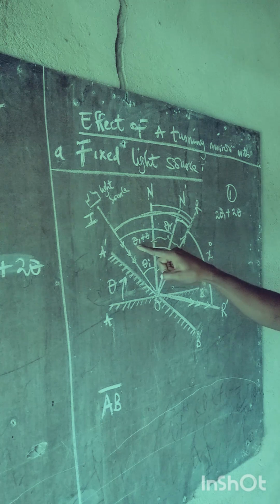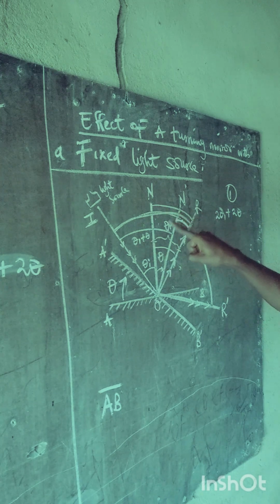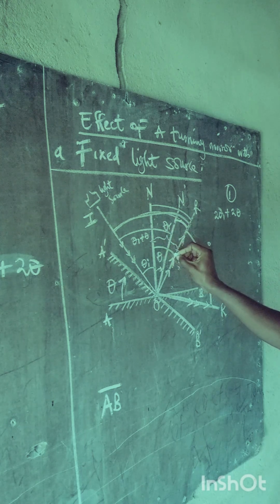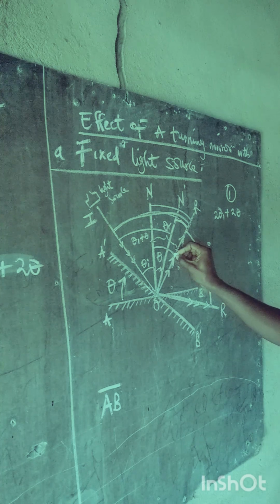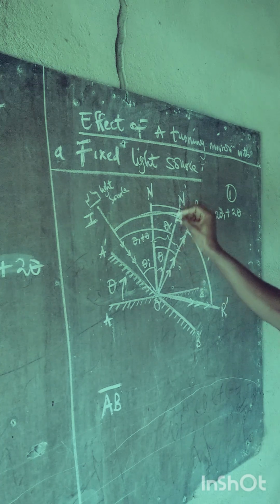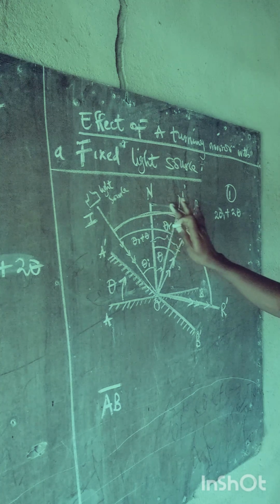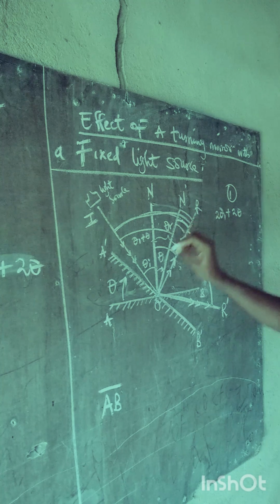Since we have theta I plus theta here, the angle here must have reduced. This was supposed to be the reflected ray, the angle of reflection when the mirror was in its initial position. But since the mirror has moved, the angle here has reduced by theta.